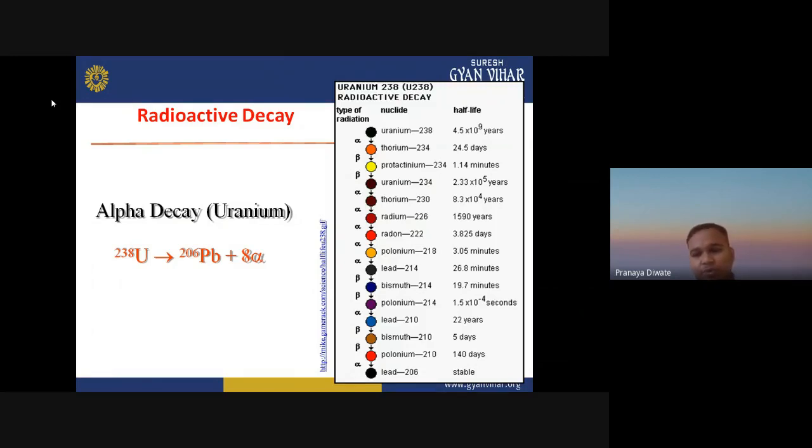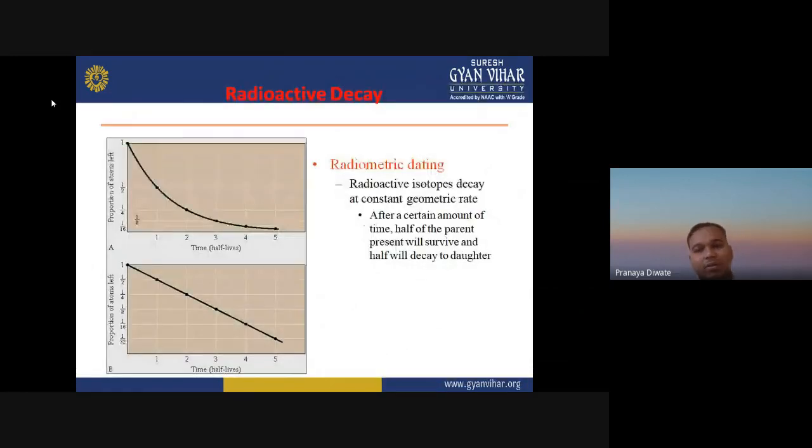Then bismuth, which requires 19.7 minutes. Polonium, lead, bismuth again, polonium 214, lead 206. This is how the elements convert in radioactive decay.